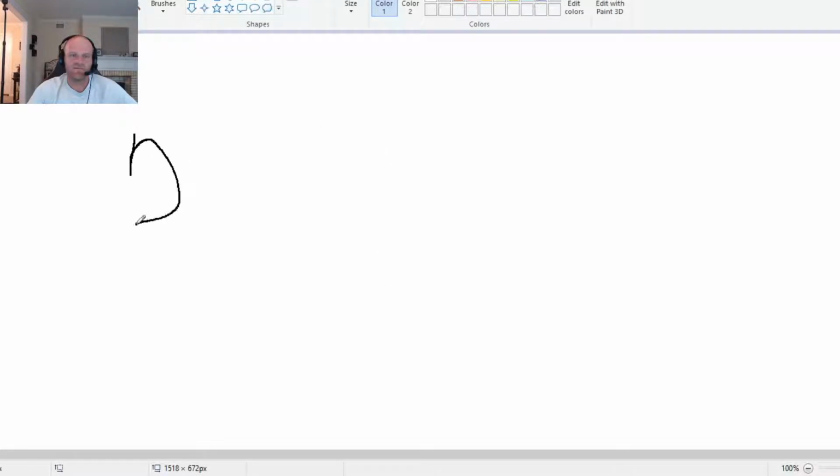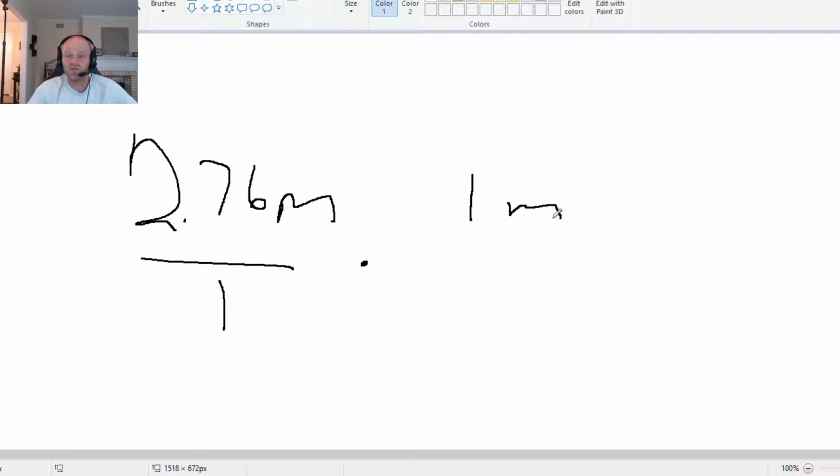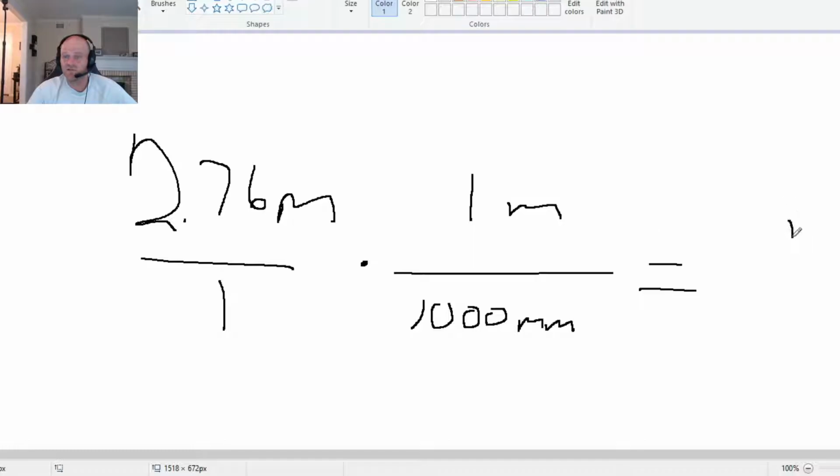So if I have 2.76 meters over 1, but I do my conversion factor wrong on the next step, and I put 1 meter over 1,000 millimeters instead of having it the opposite way where the meters would cancel, my unit, because I have to carry both of these across, would be meters squared over millimeter. Okay, so that's all I was saying with that, is make sure that you have this conversion flipped where it cancels units out and doesn't stack them up.